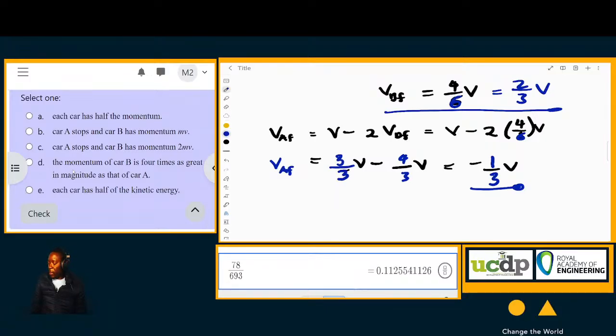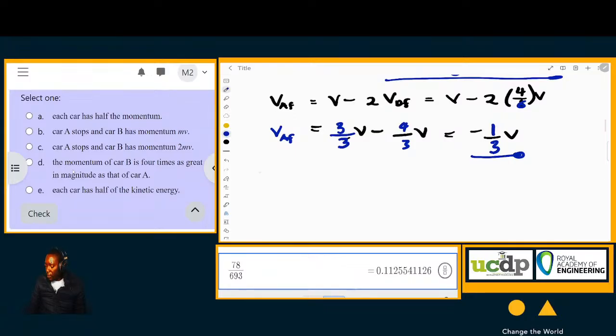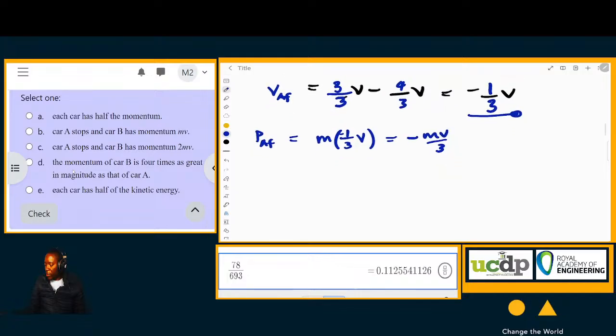So the final momentum, P final for A, is equal to M times 1/3 V with a negative there, which is mv over 3. Negative, in the opposite direction.